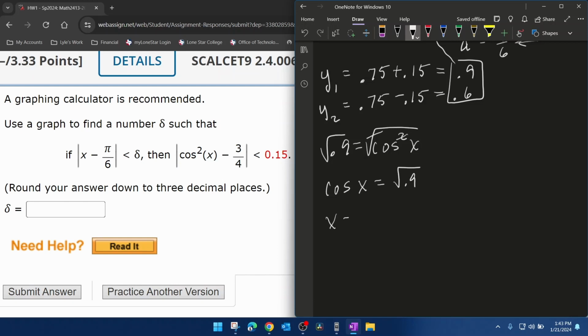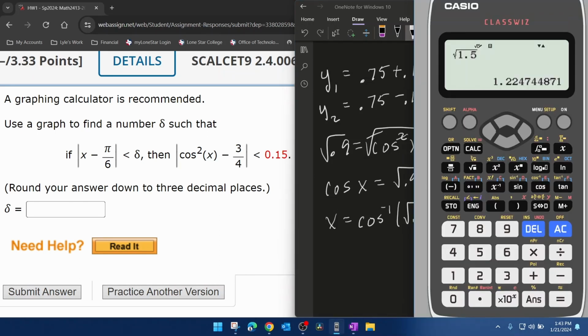And then we know that x would be the inverse cosine of the square root of 0.9. And then we will figure that out approximately, making sure that we are in radian mode, which you can see right here that we're in radian mode. Here we go. Inverse cosine of the square root of 0.9.